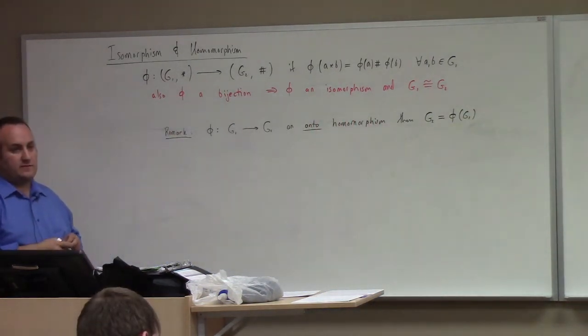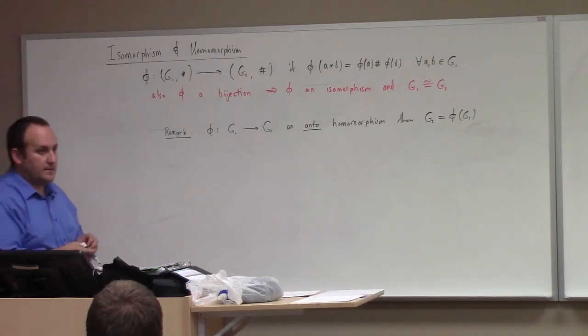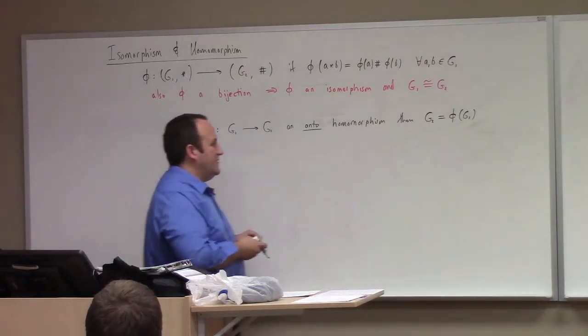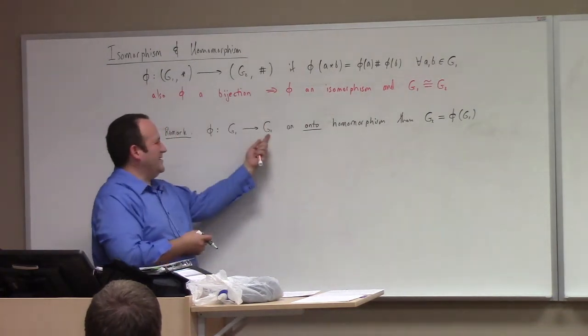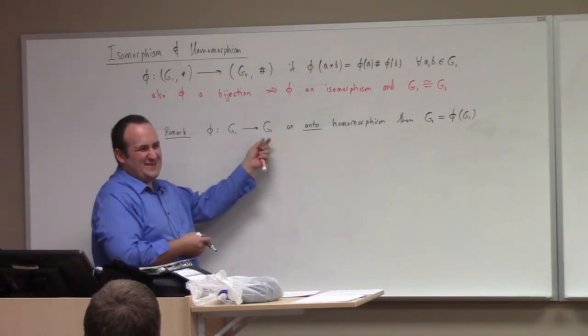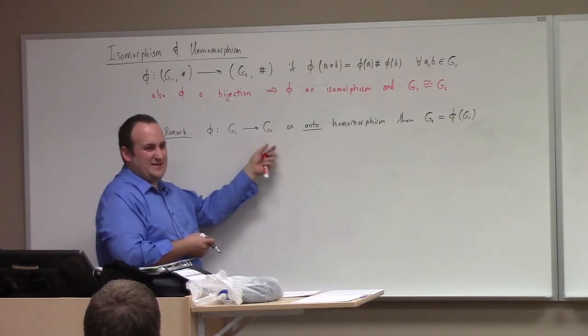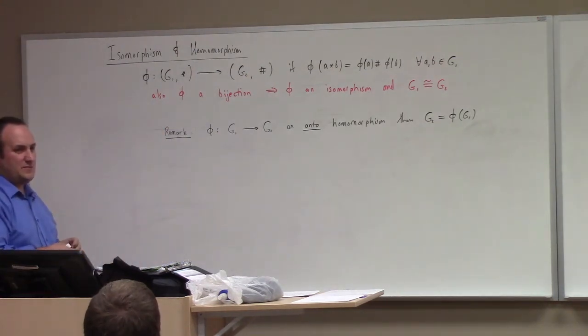Although if you look, you don't see that language much, maybe not at all in the book. So isomorphic you see, homomorphic not so much. My point being that if you have a mapping from here to here and it's not a surjection, it doesn't really say much about G2. Whatever doesn't get hit in G2 doesn't really have anything to do with G1 per se. So that's probably not a good term that I threw out there before.